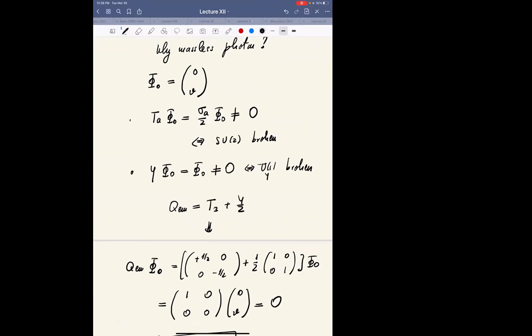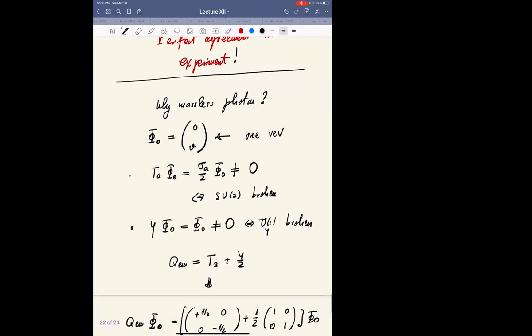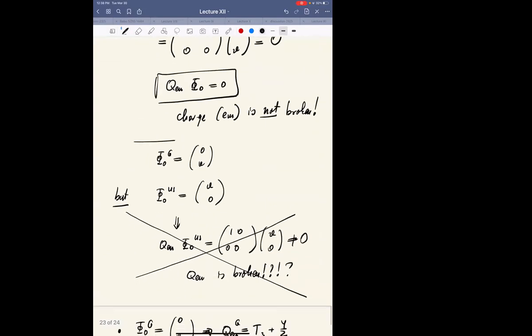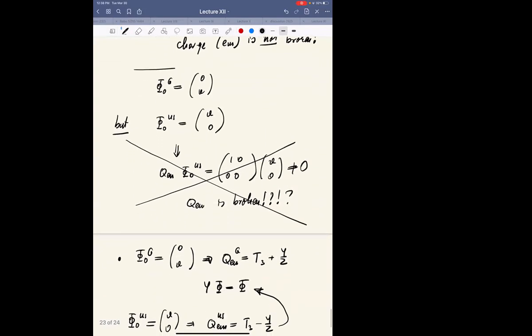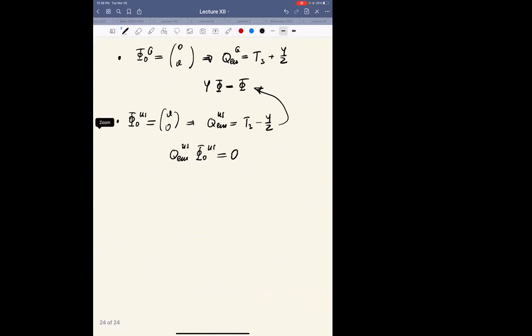You see, you have one field, one vev, and you have two neutral generators. One linear combination can always be unbroken. Please try to think about it more.